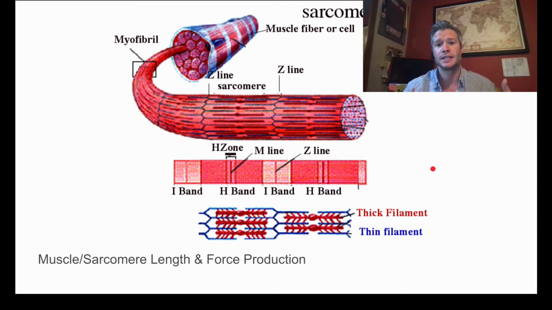What ends up happening is when you have your thick and your thin filaments, and we'll just look at half of what's going on here, when our muscles contract, the thick filaments act like rowers. They row and pull the thin filaments closer in.